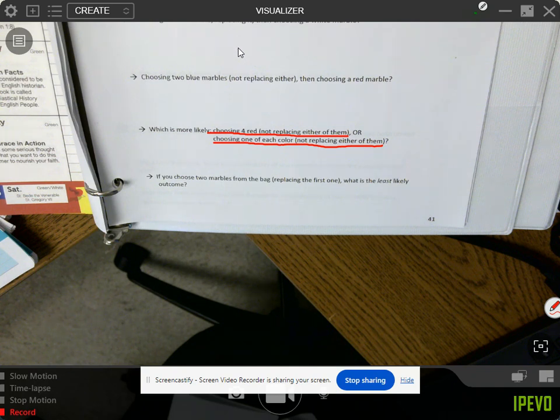So how do I set up my first one? Choosing 4 red, not replacing any of them. How do I put that? Yeah, I would put red, red, red, and red. But I'm not replacing. So my first red is 8, so 8 out of 20. What would my second red be? 7 out of 19.